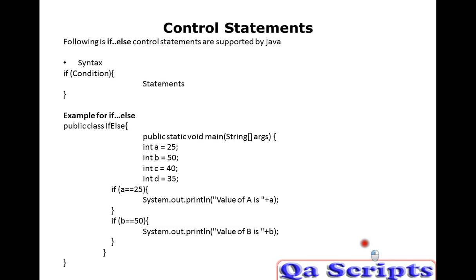If you use double equals, then it acts as a comparison operator. So here I have used if of a equals equals 25, meaning I am verifying whether the value is 25 or not. I have given the initial value as 25, hence the condition will be true.